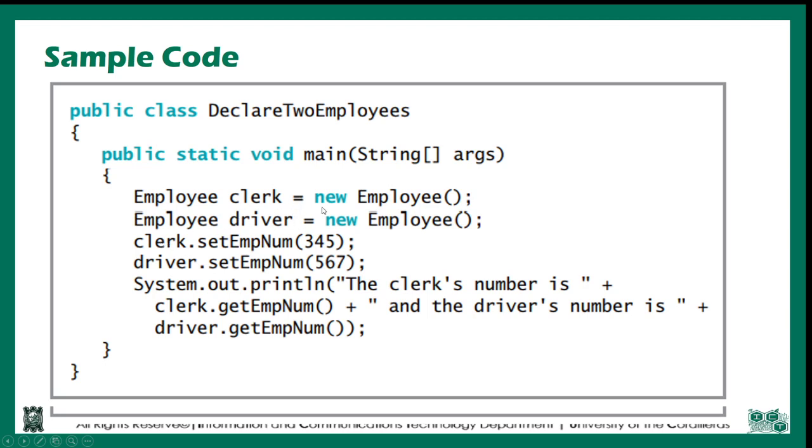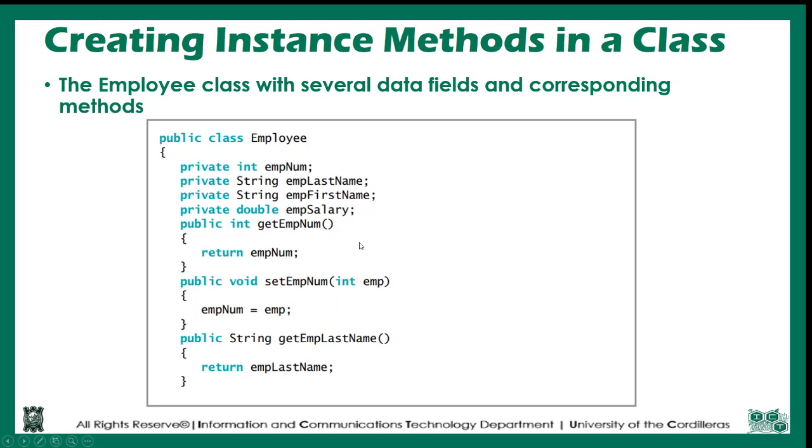Now, first of all, when we set an employee number for the clerk, this is how to do that. And notice that once you have set an employee number, it actually called this method here. Where is that method? Here, setEmployeeNumber. So any values that are set from that method will now be thrown here in the emp variable, and will now be retrieved by the empnum variable.